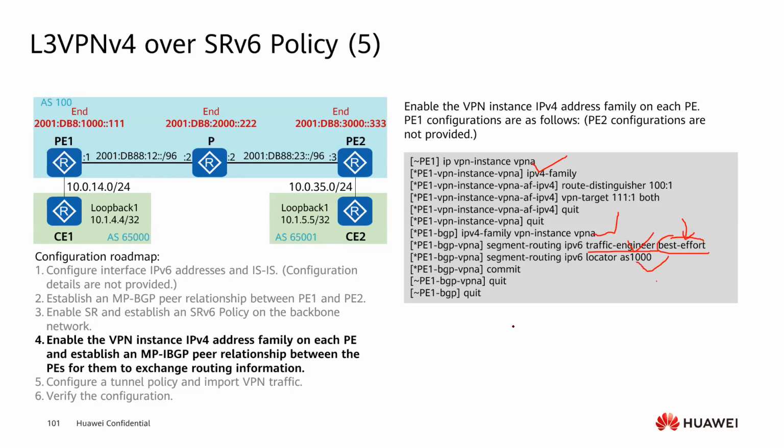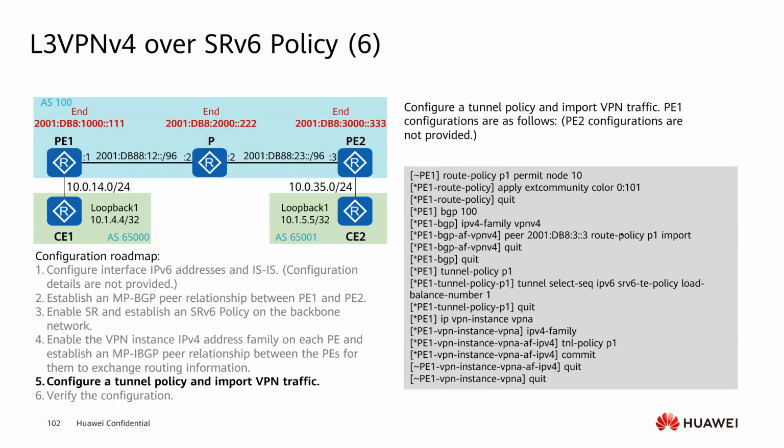Set a locator. And when PE2 is receiving the route entry, we need to add the color. So here is the import route policy. You can also configure the color at PE2 when it is sending to PE1. Then on PE1, we need to create a tunnel policy.